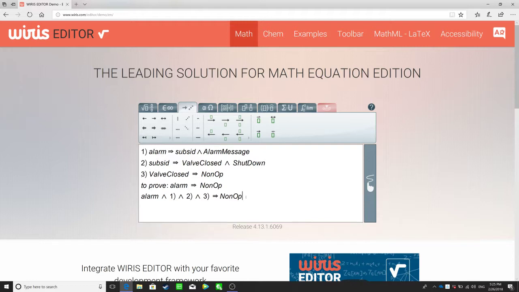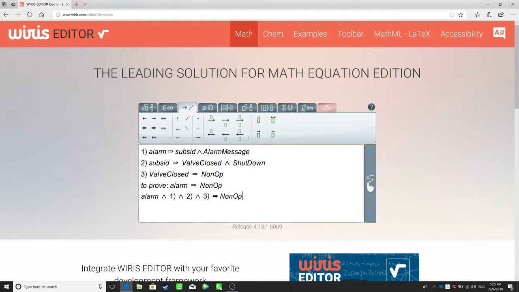Now let's see, how can we play with this? Basically, it looks like alarm, and alarm implies blah blah blah, and subseed implies blah blah blah, and valve closed implies non-op. Finally implies non-op.